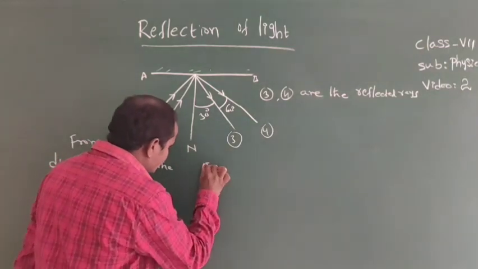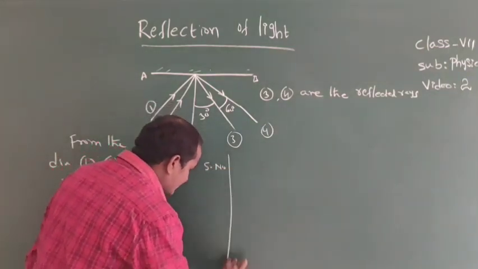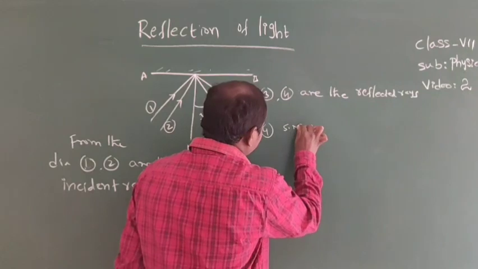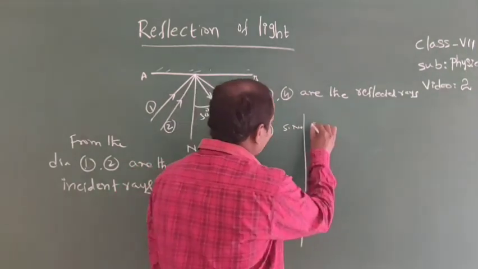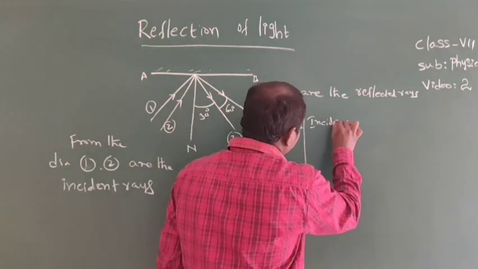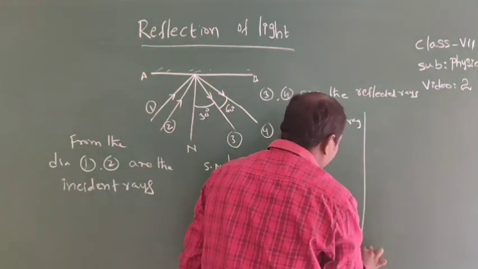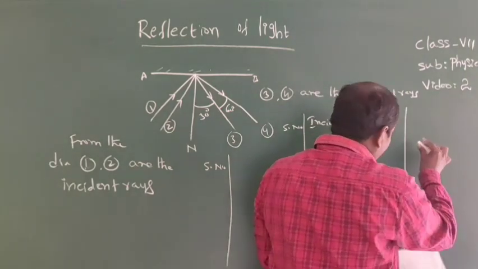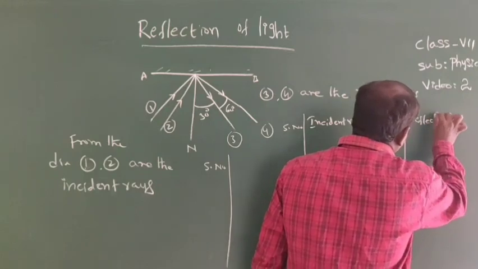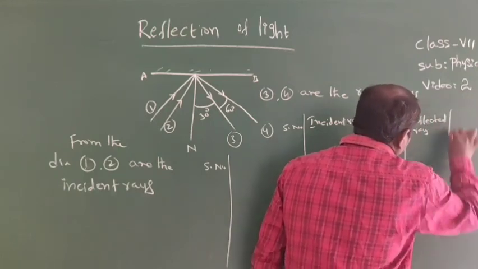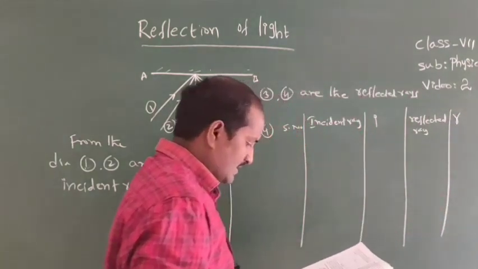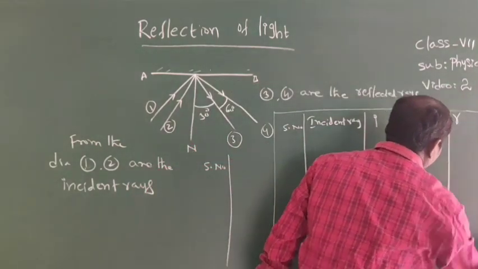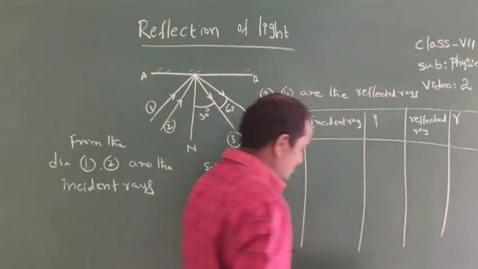So from the diagram, I will write the table: serial number, incident ray, next to it the angle of incidence i, next the reflected ray, and next the angle of reflection r. It is the given table from your textbook.